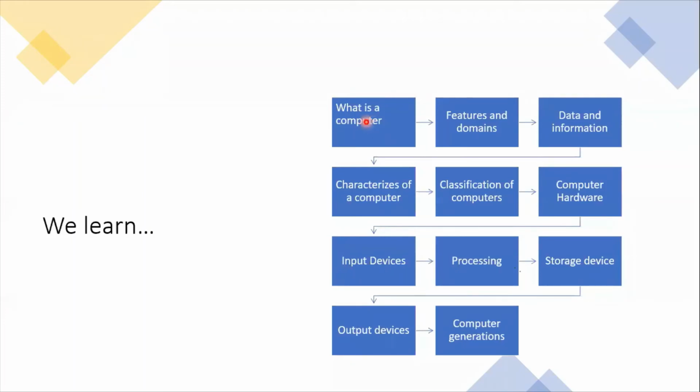There are components, ALU, CU, and a fetch, decode, execution cycle. We discussed the storage mechanisms, how storage is done, volatile memory, non-volatile memory, and the hierarchy. We also discussed output devices very simply. Finally, there is a small task for you on computer generations.